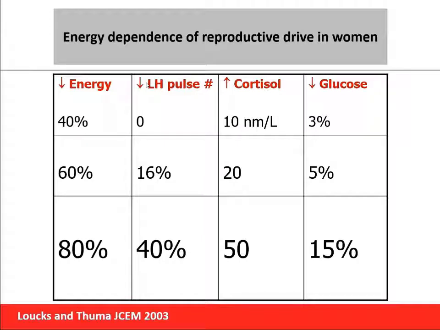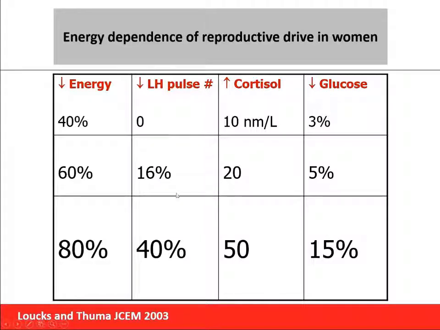This is a beautiful study done by Ann Loucks some time ago, in which she gave eumenorrheic women graded decreases in energy, and watched what happened to LH pulse number, cortisol, and glucose. It's important to understand that when you have a deficiency of energy, you do get a reduction in circulating glucose.